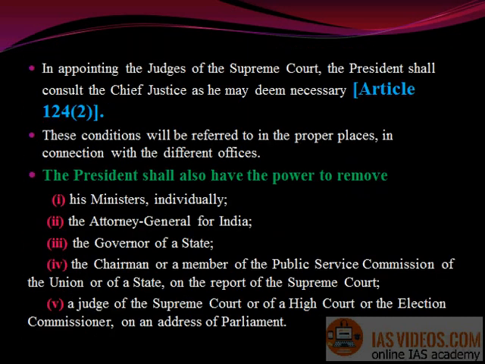In appointing the judges of the Supreme Court, the President shall consult the Chief Justice, as he may deem necessary. Article 124(2). These conditions will be referred to in the proper places, in connection with the different offices.